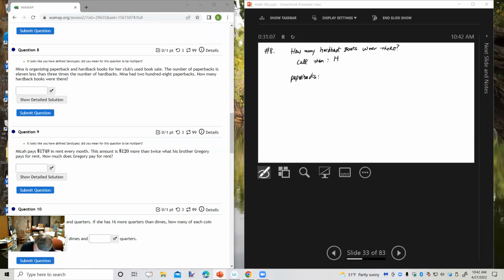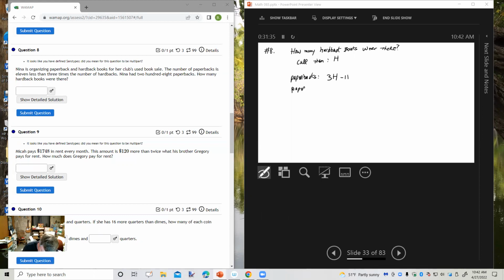Well, the number of hardbacks is H. 3 times the number of hardbacks would be 3H. 11 less than 3 times the number would be 3H minus 11. So again, do you see how I'm getting the number of paperbacks compared to the number of hardbacks? 3H minus 11. It also said she had 208 paperbacks.